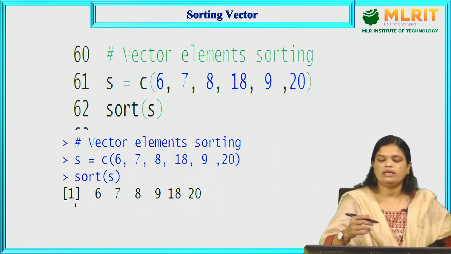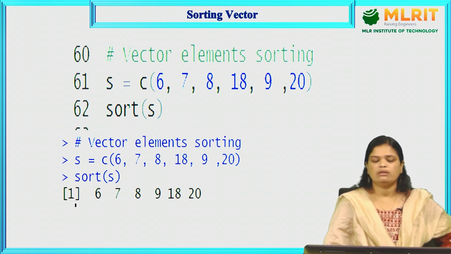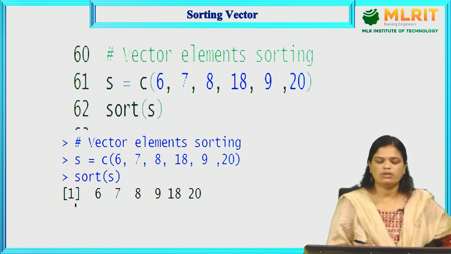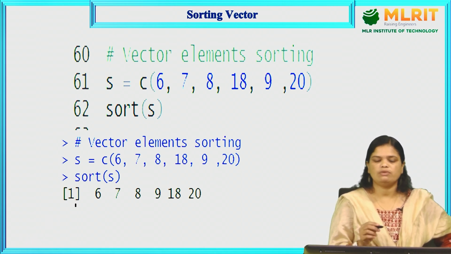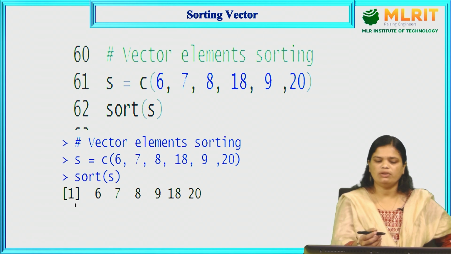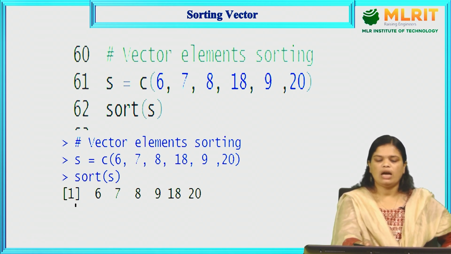Another example is sorting a vector. We can apply all the built-in functions. We can apply a length function, we can apply a sorting function, all the built-in functions can be applied to a vector. We are demonstrating the sort function here. Look here, the values are not sorted.